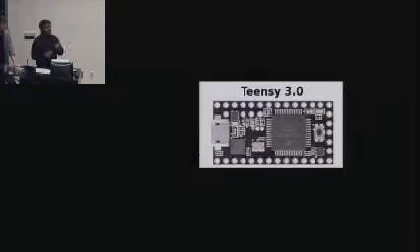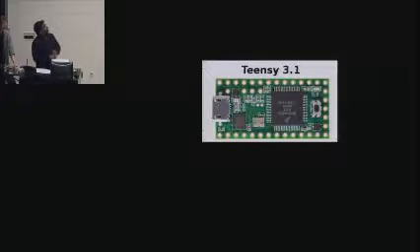A Teensy board is essentially an Arduino-compatible board, but it runs at 48 megahertz and has about 16 kilobytes of RAM. That was great, but we are trying to push in huge amounts of pictures with infinite width, and 16 kilobytes of RAM is not enough. So we upgraded to the Teensy 3.1, which has 64 kilobytes of RAM and runs at 72 megahertz, which is what we are running on board right now.